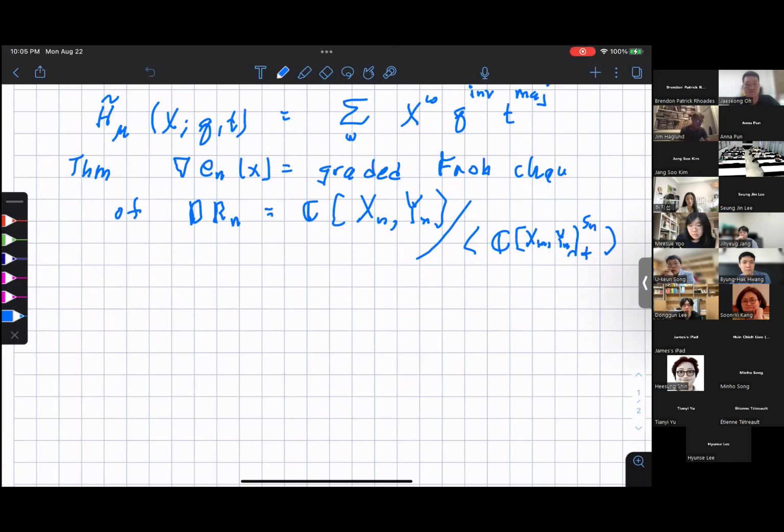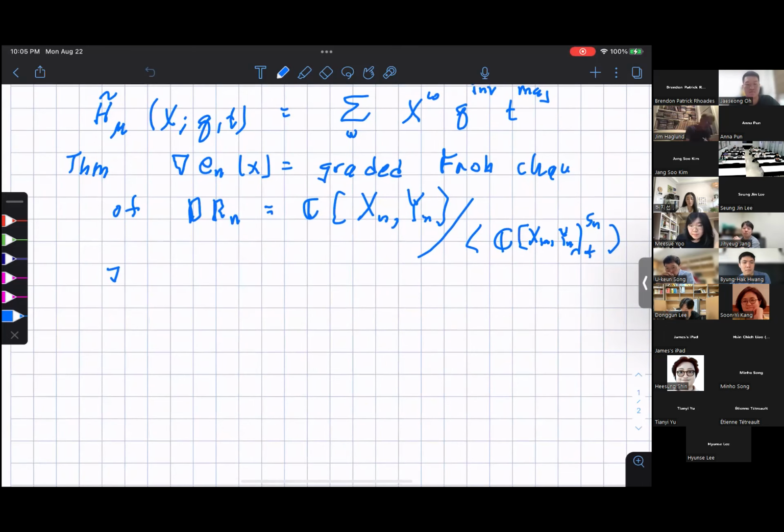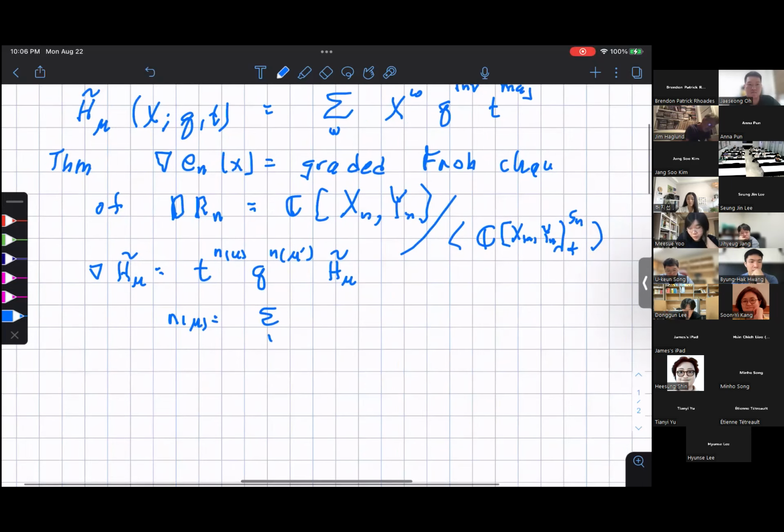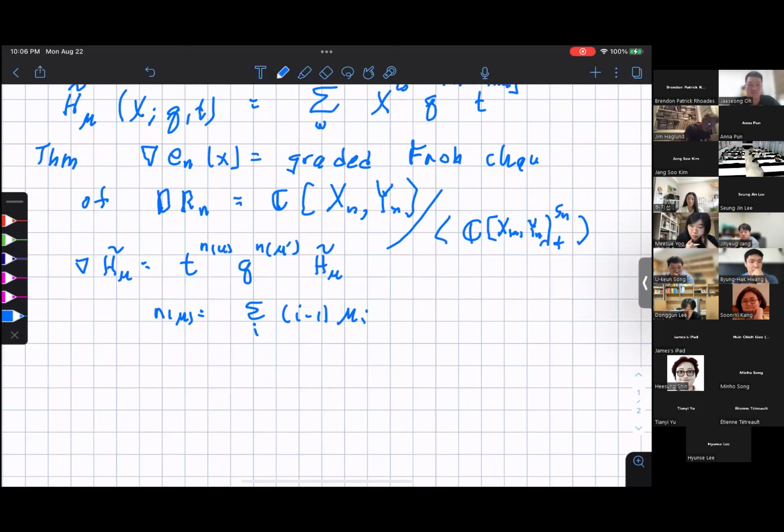Okay. Now, this Nabla operator, Nabla H mu twiddle, is t to the n of mu, q to the n of mu conjugate, H mu twiddle. And here n of mu is the sum over i of (i minus 1) mu_i. This is a statistic that occurs a lot in symmetric function theory.